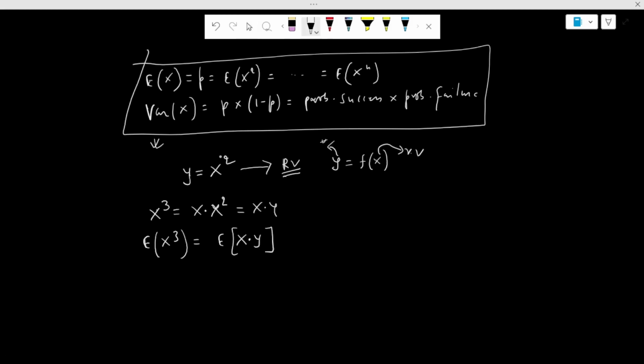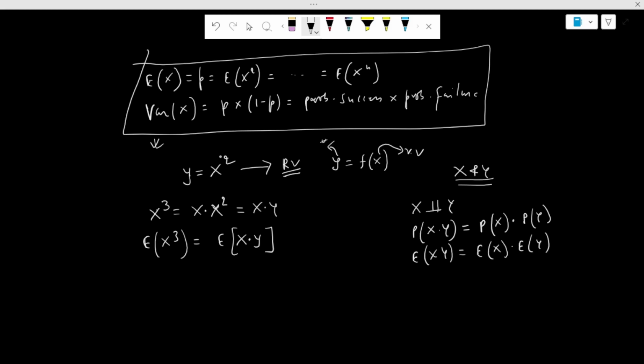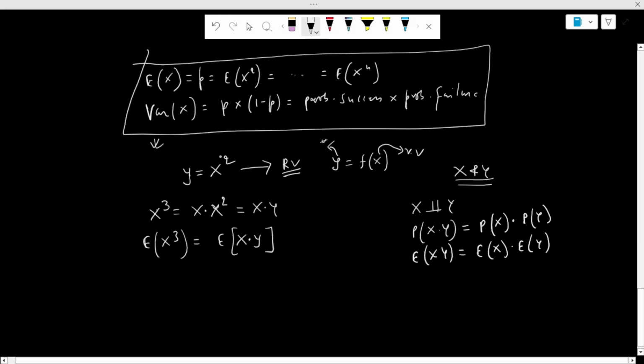Now we want to see whether x and y are independent or not, and we know that in the case of independent events x and y, the product of their probabilities should be equal to the probability of their intersection, and the expectation counterpart should exhibit this relationship. We want to check whether this is true or not for the x and y that we have supposed. Let us for the time being assume that x and y are independent, and see whether this relationship holds true or not.